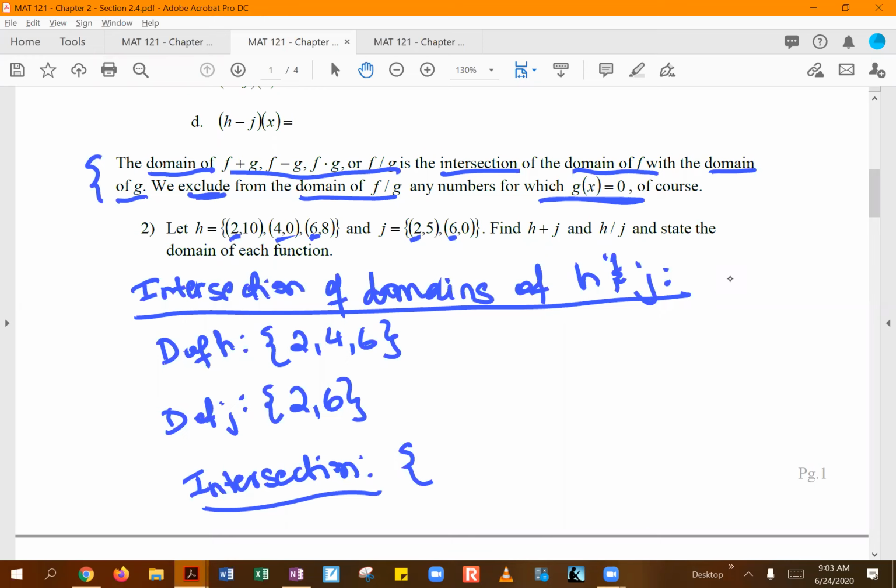So you're using that same idea of intersection, which basically means that only the elements that are common between the two sets make it into the intersection. Remember that union is where you bring everybody and put them together, but intersection is only those terms that are common. So what do you think the intersection for these two domains will have?